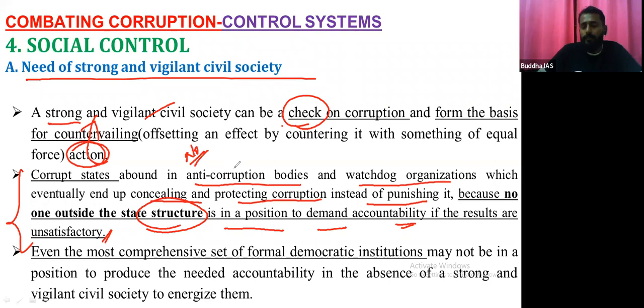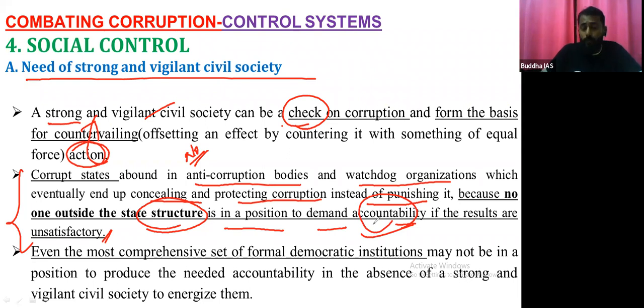The main reason is there is no one outside the organization which can impose restrictions or force them to act correctly. No one outside the state structure is in a position to demand accountability if something is not done correctly.